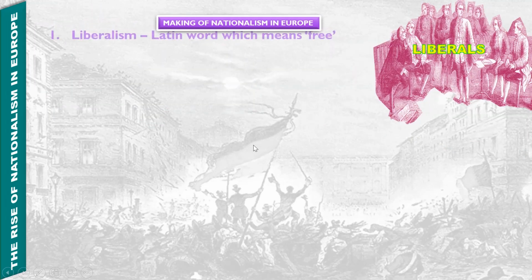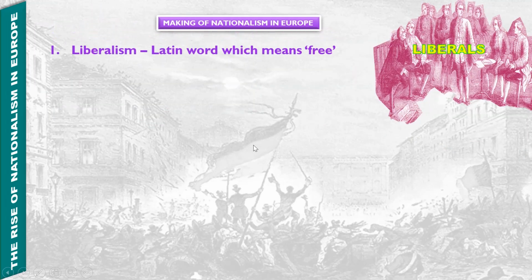The ideas of national unity in early 19th century Europe were closely allied to the ideology of liberalism. The term liberalism derived from the Latin root liber, meaning free. For the new middle classes, liberalism stood for freedom of the individual and equality of all before law.